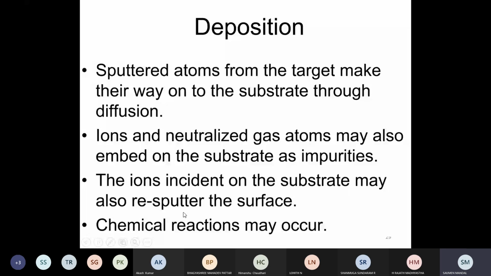This happens very rarely, because argon is coming due to the opposite terminal attraction force, so it may not experience this on the substrate side, but there is a chance. And chemical reaction may also happen sometimes, and in reactive sputtering, chemical reaction is very common.